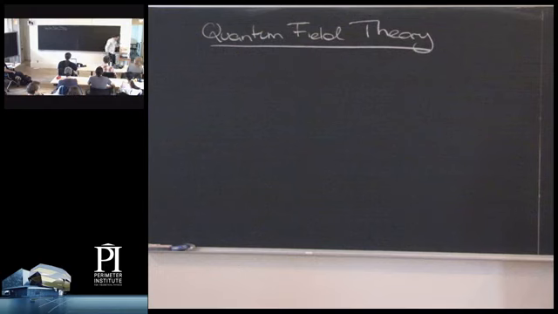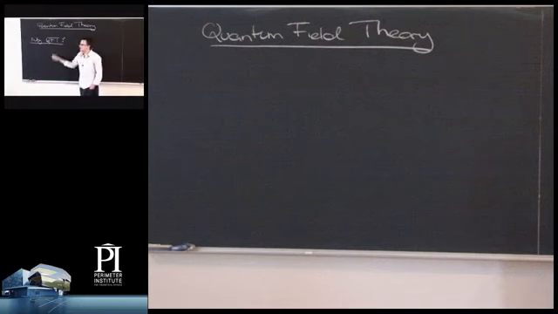Good. So let me start by telling you why this is the right way of thinking. So why quantum field theory? There are a bunch of different answers to this. Firstly, there's a zeroth order answer, which is for the same reason that people introduced fields in classical physics, and that's because of locality.